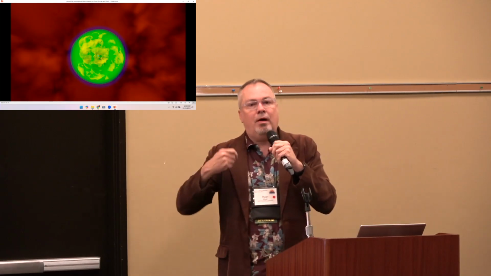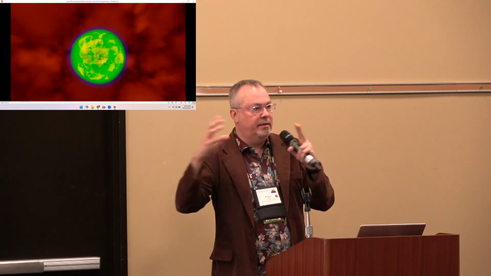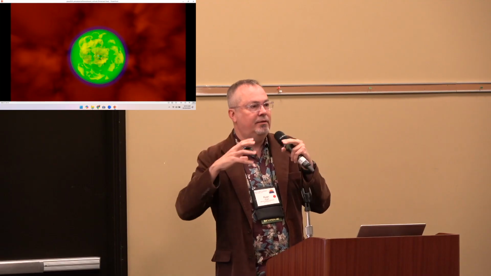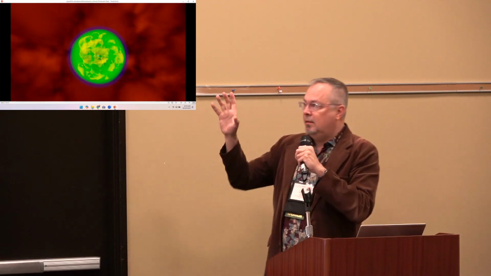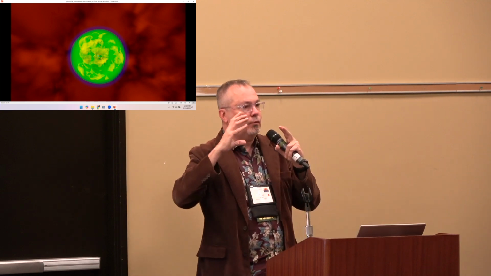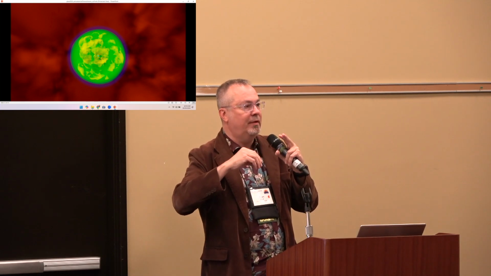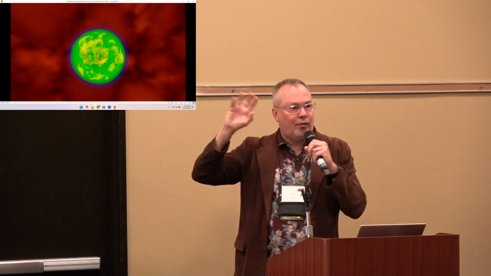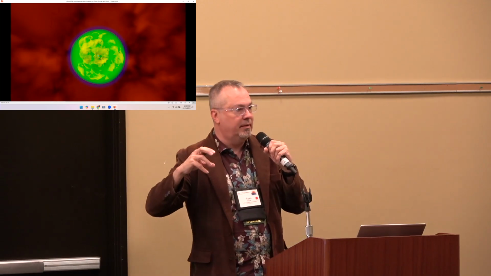If you were just to draw the cartoon of this, you'd draw the onion structure that we see in textbooks all the time. But the simulation of the shell burning that occurs right before the core collapse is this dramatic, crazy, turbulent environment.